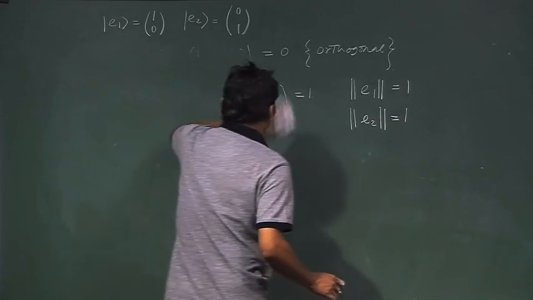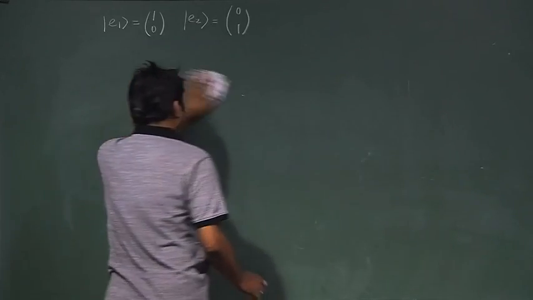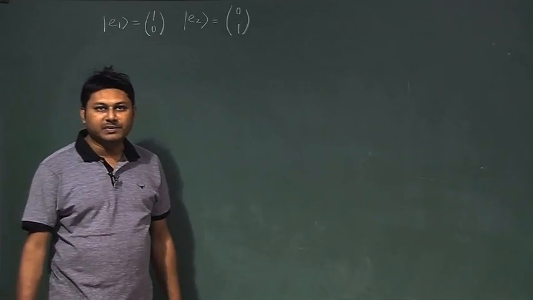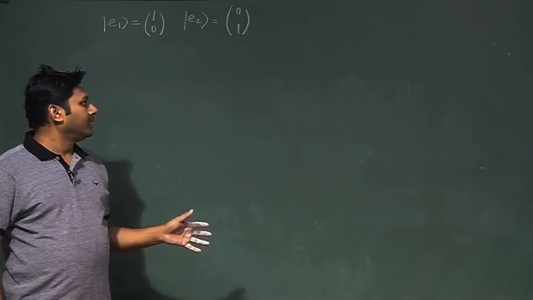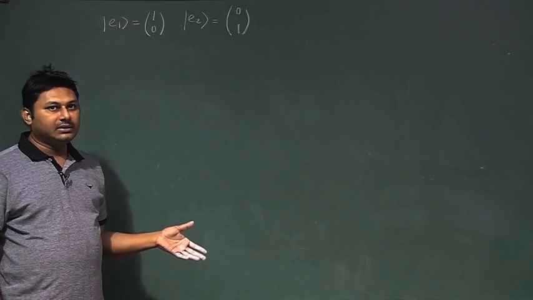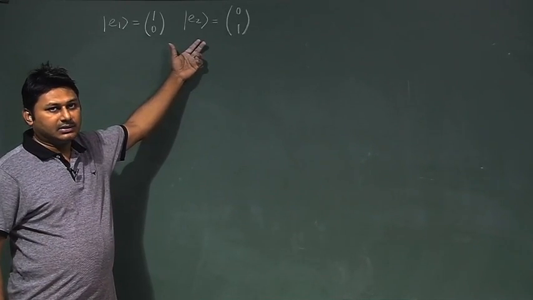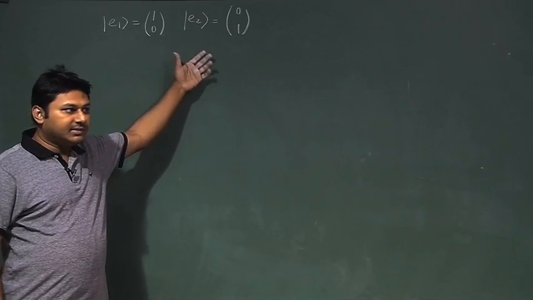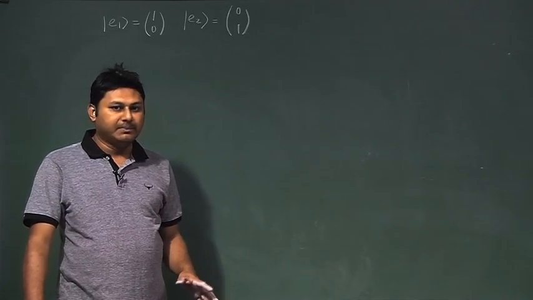Now if I change this basis to some different basis, because you should remember that in principle you can construct an infinite number of bases in 2D or 3D or ND depending on the dimension of the vectors. The only necessary criterion in order to form a basis is that they should be linearly independent.